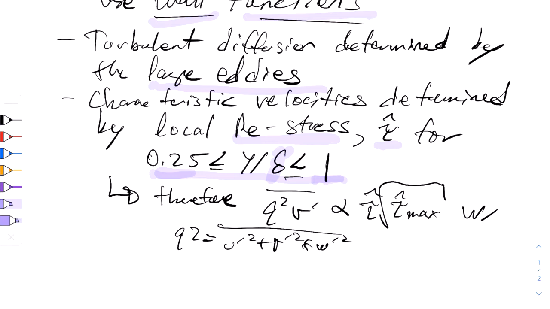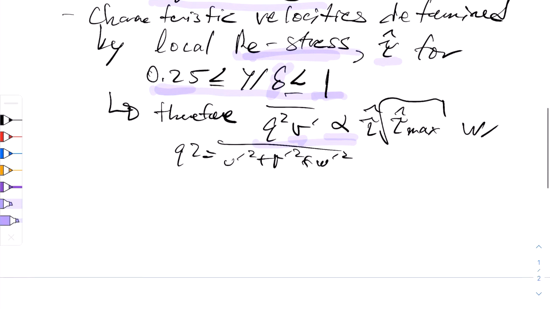Through this analysis, it can be shown that the energy of the fluctuations correlated with v prime will be proportional to tau hat of the square root of tau hat max, which is, of course, the local Reynolds stress. And we'll define these equations momentarily.